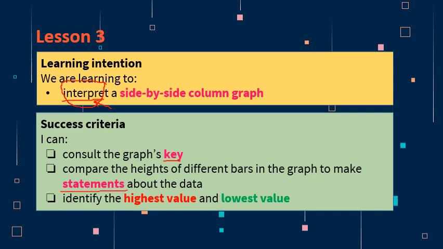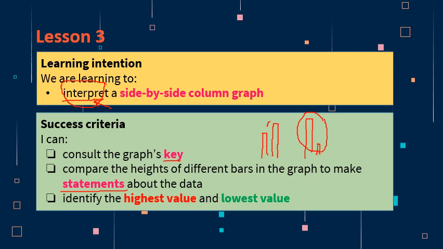So with a column graph, as you'll see, we have our different columns or our bars. Sometimes I'll just use those interchangeably. And you want to look at the difference between them to actually make some statements about the data. That visual difference will help point out where you need to look. The larger the difference, probably the more important that piece of data is.